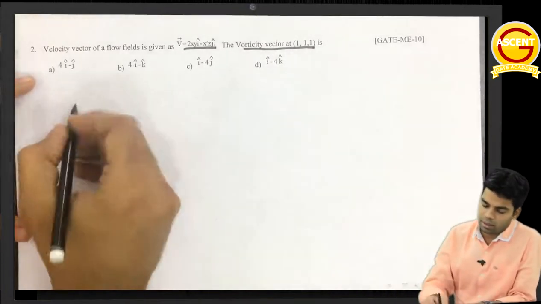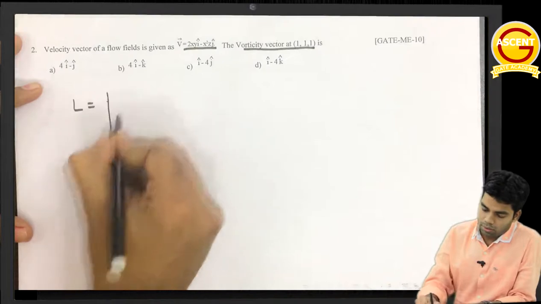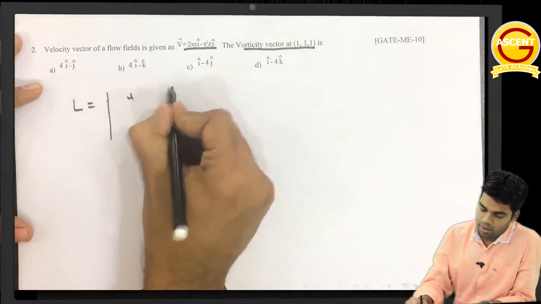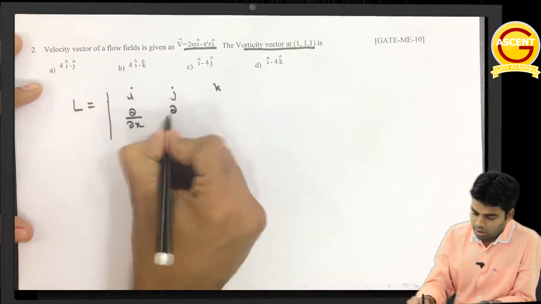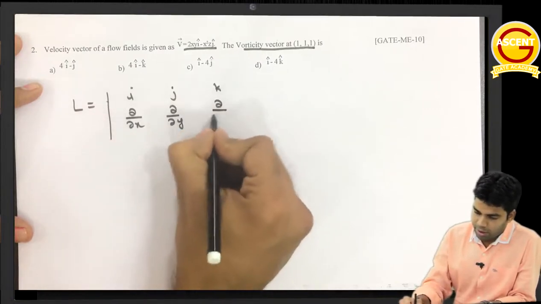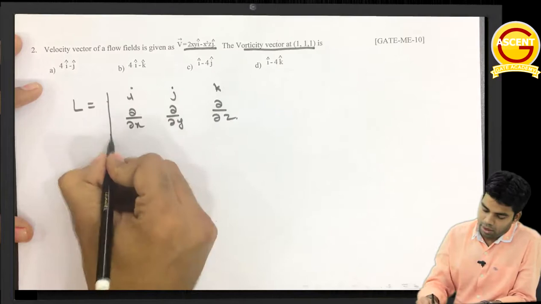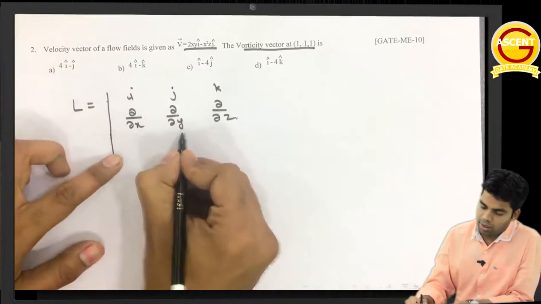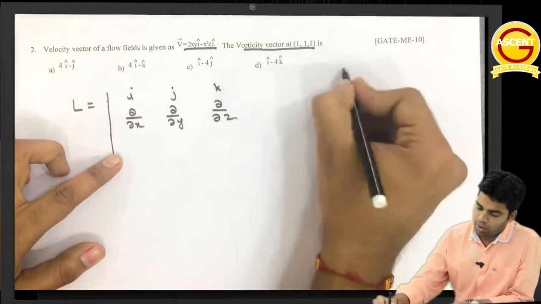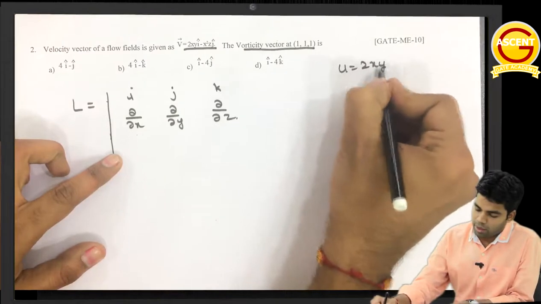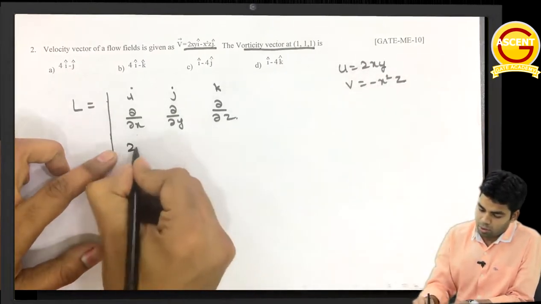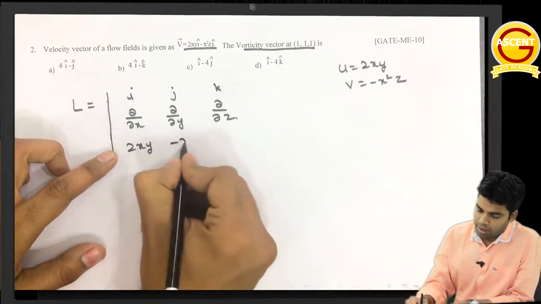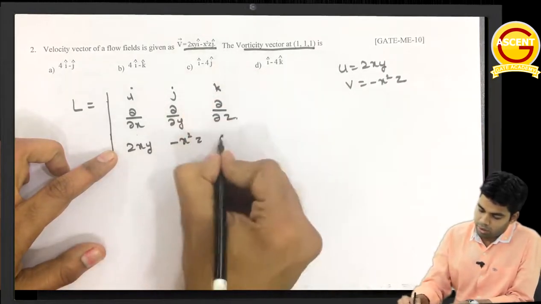The vorticity vector L is equal to the determinant of i j k, del by del x, del by del y, del by del z, and here we have to write u, v and w. So u here is 2xy, v is minus x square z, and w is 0.